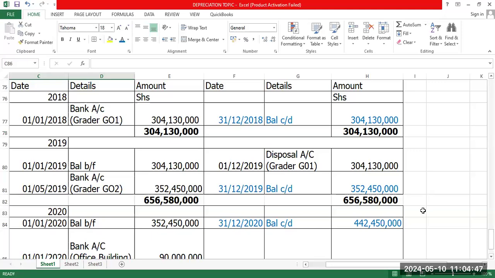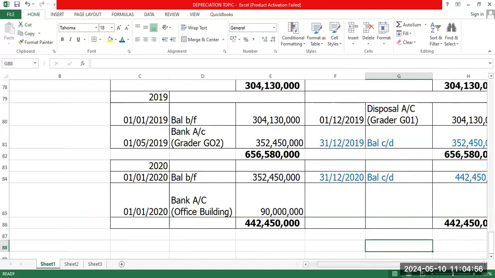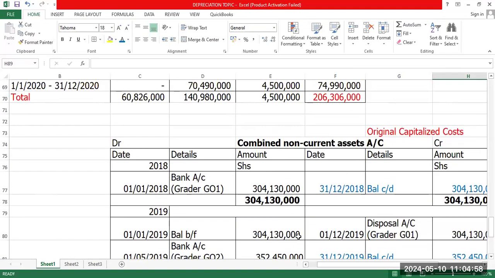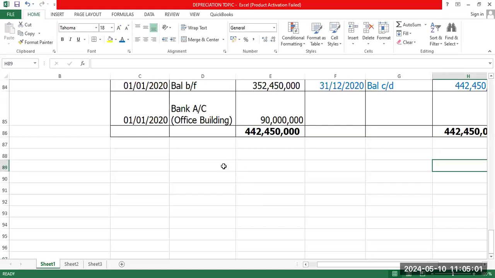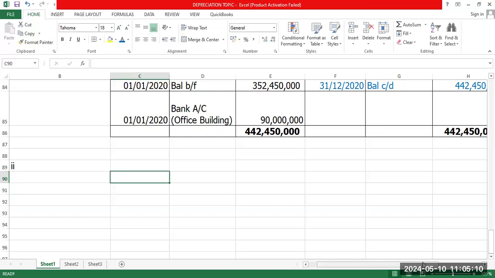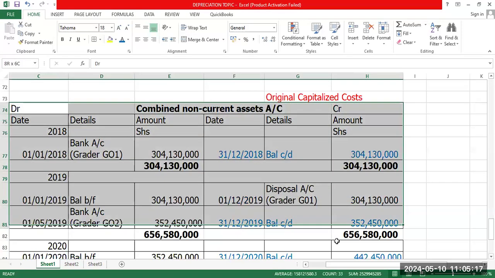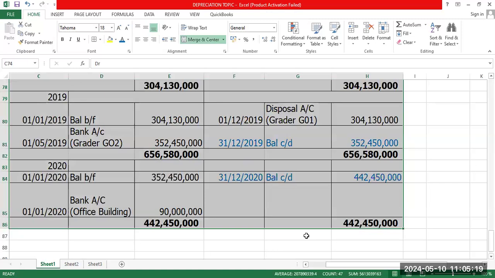Okay, are you done? Someone who is copying, are you done? Yes, I'm done. So we go to the next account. Which account? Number 2. Number 2, we are going to handle. I can just copy this.